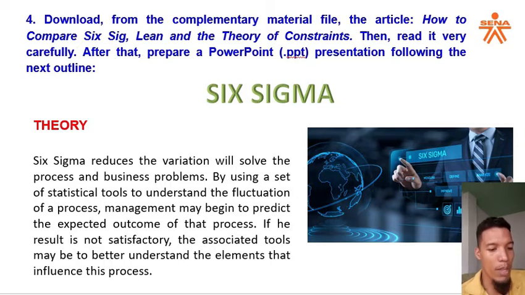Management may begin to predict the expected outcome of the process. If the result is not satisfactory, the associated tools may be used to better understand the elements that influence this process.